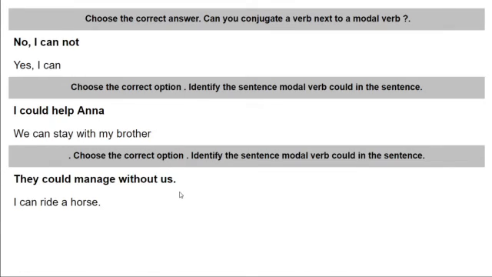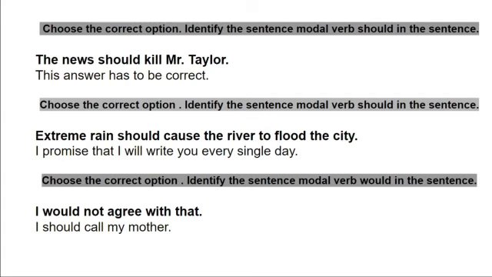Because this sentence is using a modal. Esta oración es la correcta porque esta, la primera, está utilizando el modal. They could manage without us. Okay? Do you finish? ¿Terminamos copiando? Okay, thank you. Let's start with the next question.